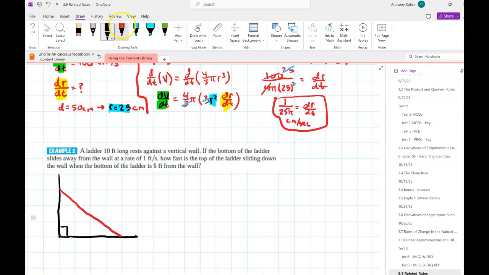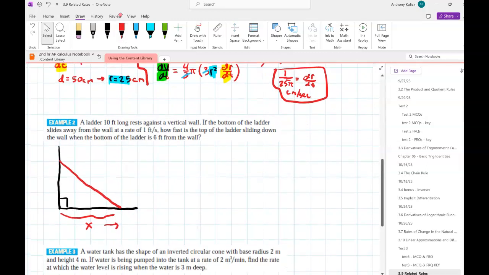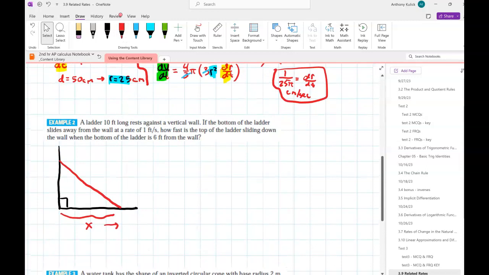Let's now introduce a little bit of notation here. So I'm going to call this side x because it's horizontal. And as this ladder slides away from the wall, what is that going to be called? The rate at which the bottom of the ladder is moving away from the base of the wall. dx dt.